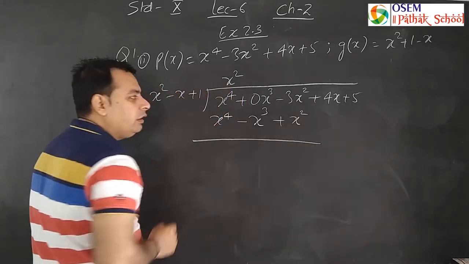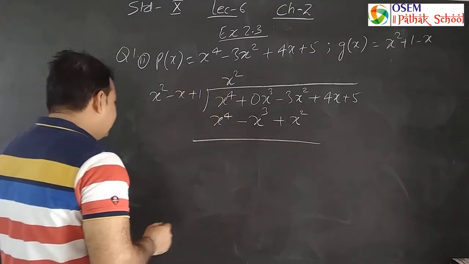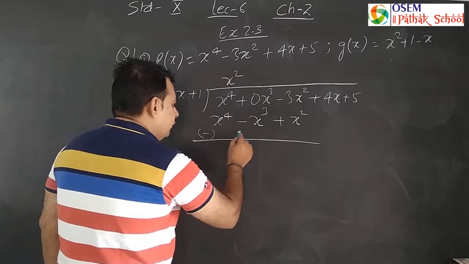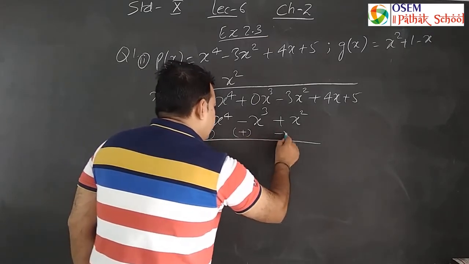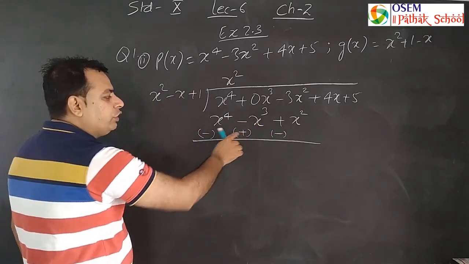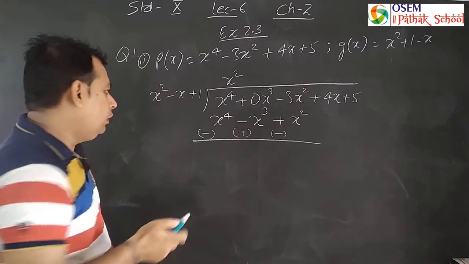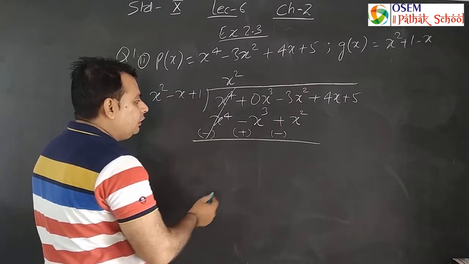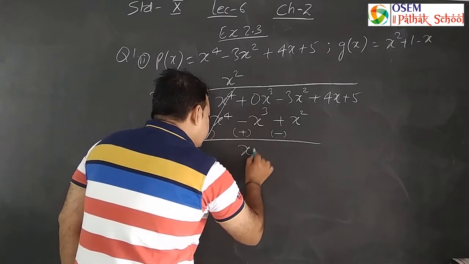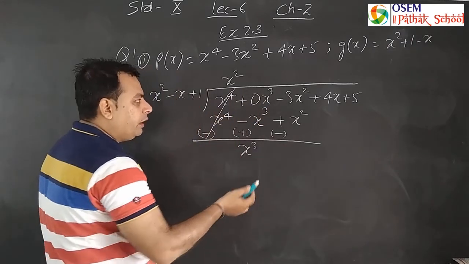I am changing the sign here: minus, plus, minus. The reverse sign every time we will write down. This one is cancelled. It will be x cube only because this is 0 over here.